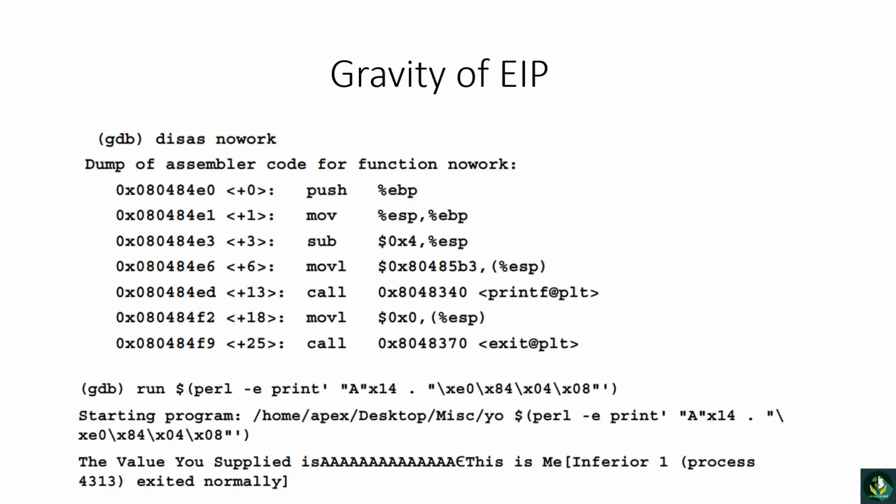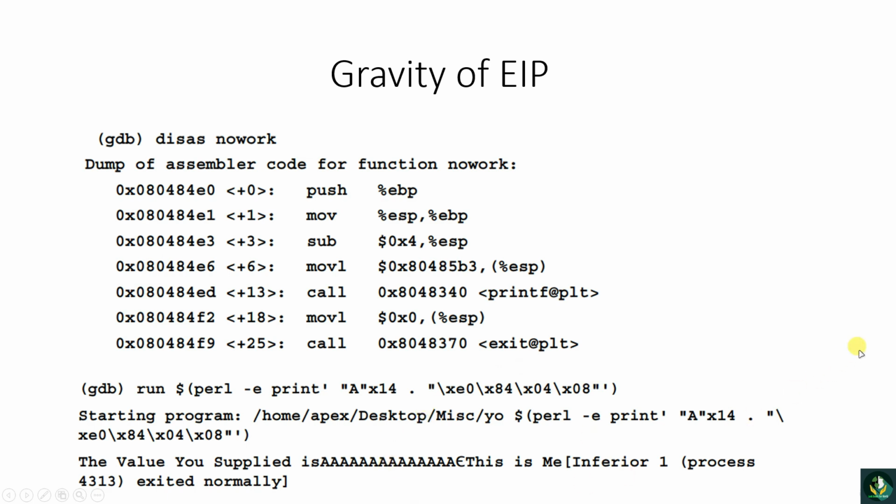As we can see in here, the function starts at the address 0x080484E0. Therefore, this is the address that we will use to override the current content of the EIP.